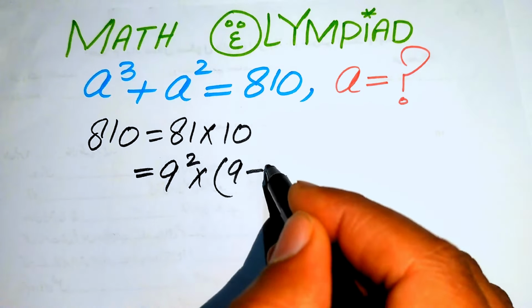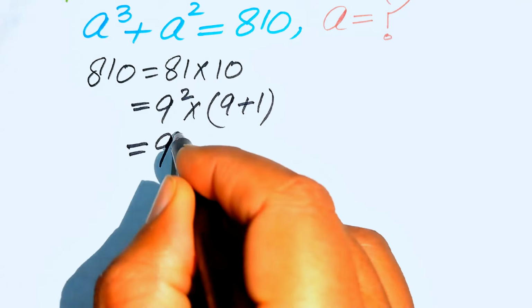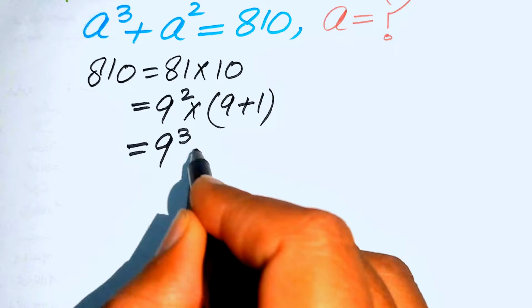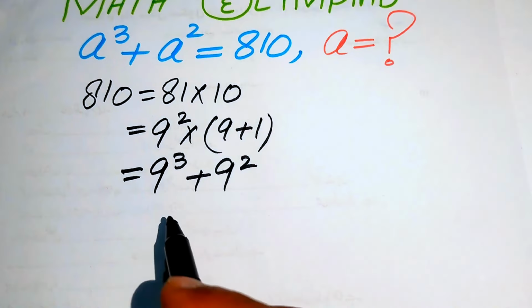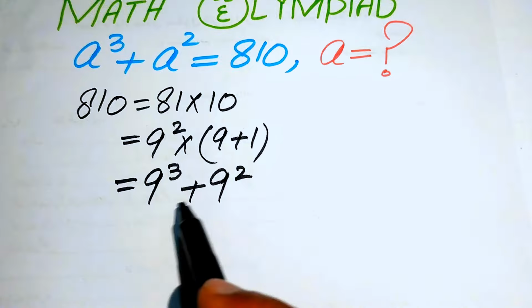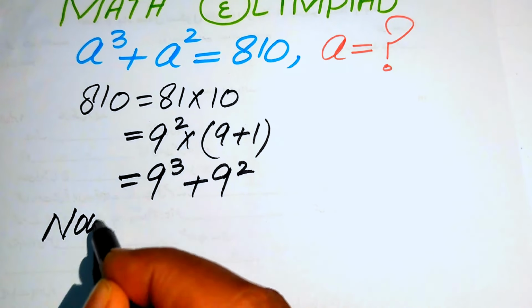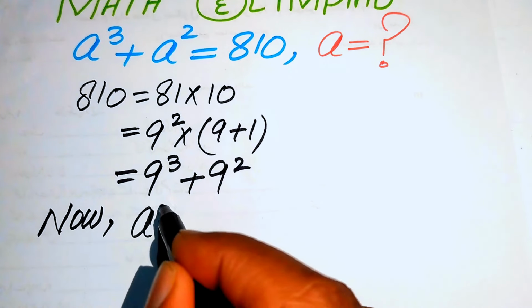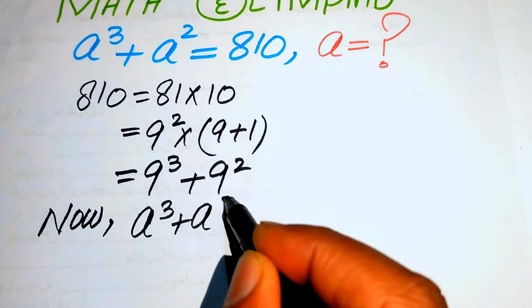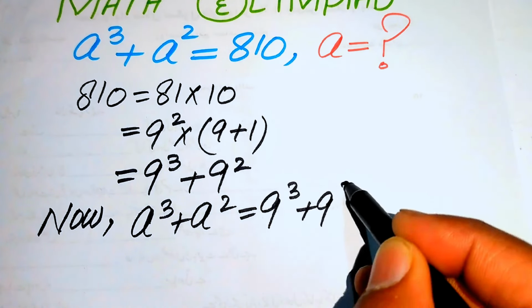So you know that 9 plus 1 is also 10. Now we multiply this 9 squared on both of these values. Then you get 9 squared multiplied by 9 becomes 9 cubed, plus 9 squared. Now here we replace this 810 by 9 cubed plus 9 squared, and our given equation becomes a cubed plus a squared equals 9 cubed plus 9 squared.